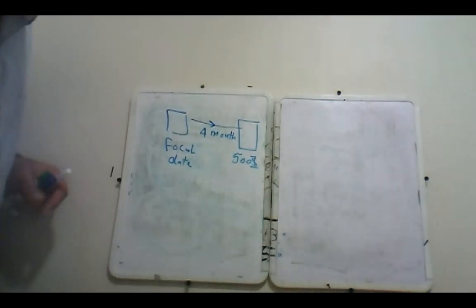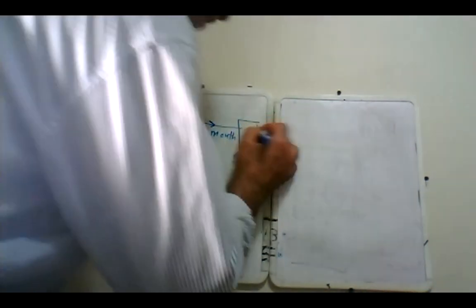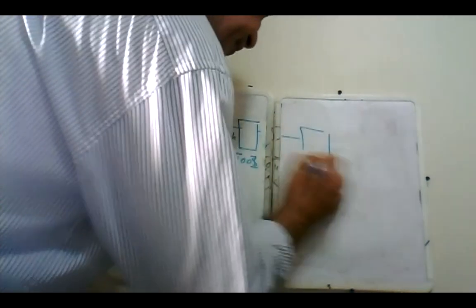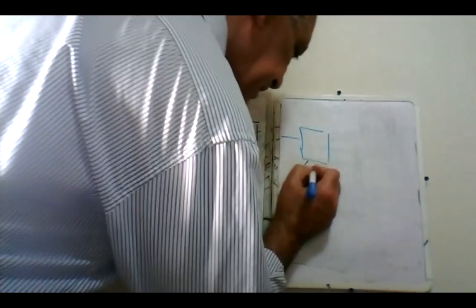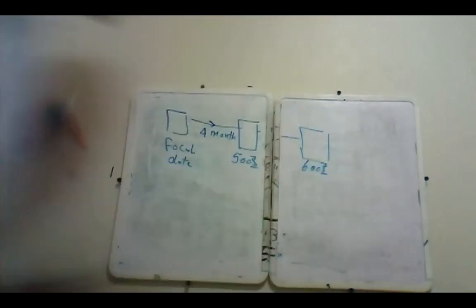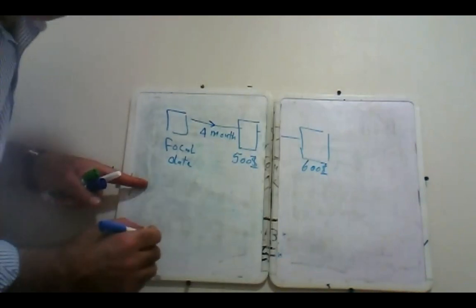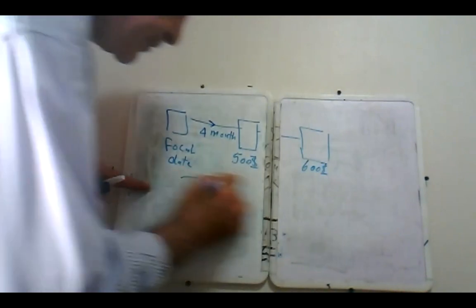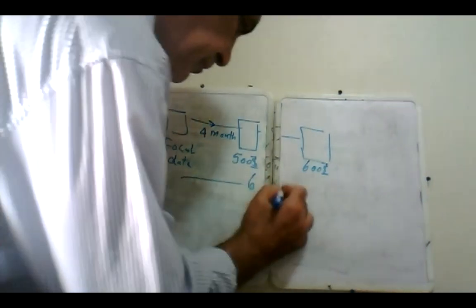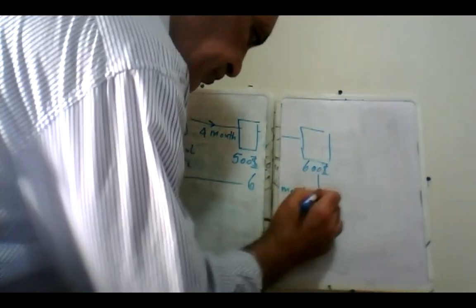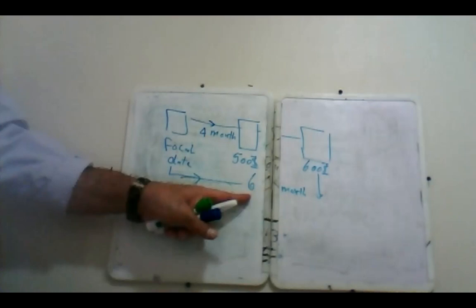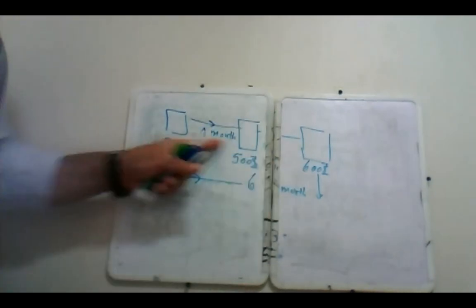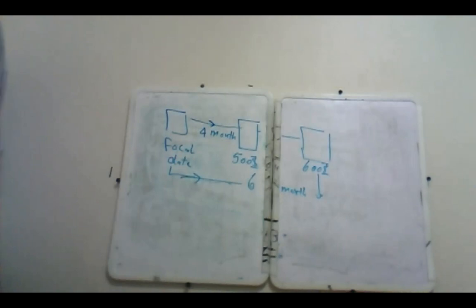And we took also from the bank $600, and the period of the $600 is 6 months. So the time between the focal date and the maturity is 6 months for the 600, and it's 4 months for the 500. So I just want to know what is the present value now.